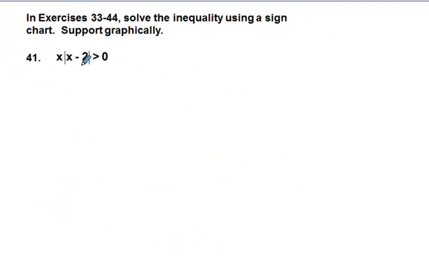We have x times the absolute value of quantity x minus 2 is greater than 0. And so for our critical numbers, we write this as x times quantity absolute value of x minus 2 equal to 0.